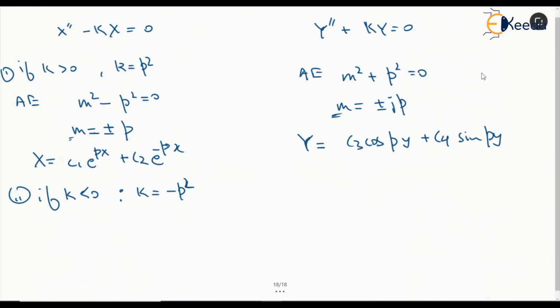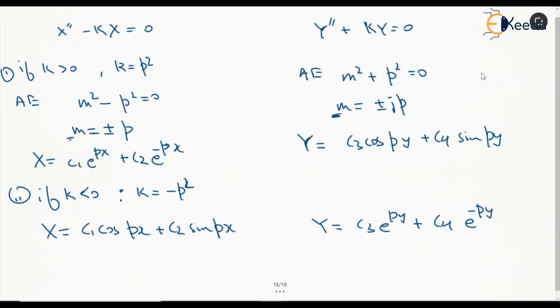Then in this case, real and different, can we directly write that X is going to be c1 cos px plus c2 sin px, and Y will become, as the roots will be real and different, c3 e to the power of py plus c4 e to the power of minus py, isn't it?